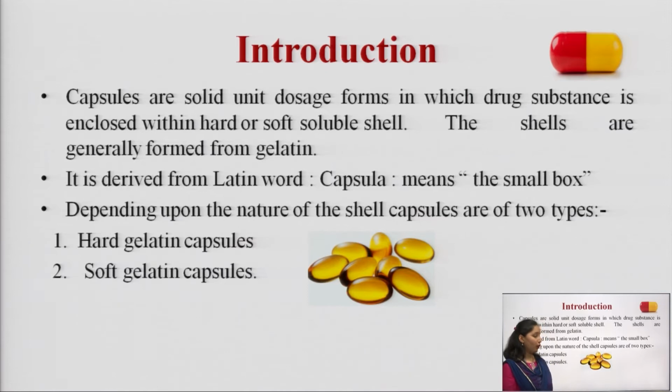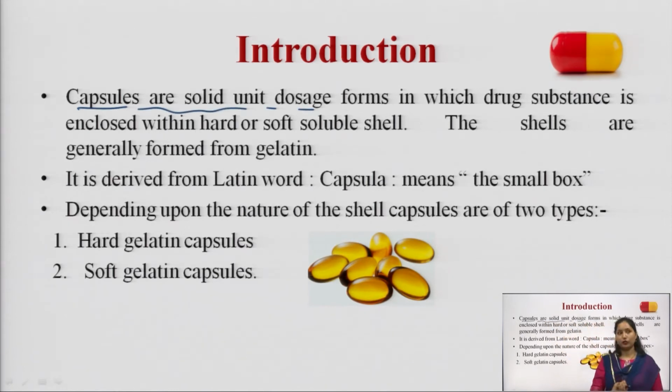So, here what is capsule? Capsules are solid dosage form. Capsules are solid unit dosage form in which the drug substance is enclosed within a hard or soft soluble shell. The shells are generally formed from gelatin.